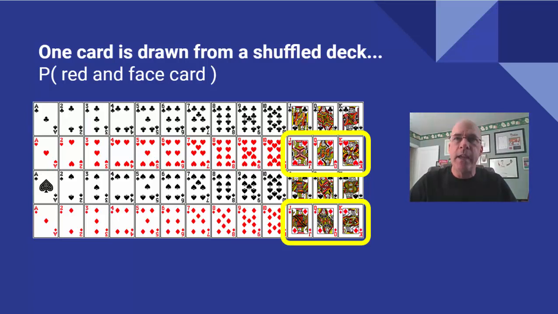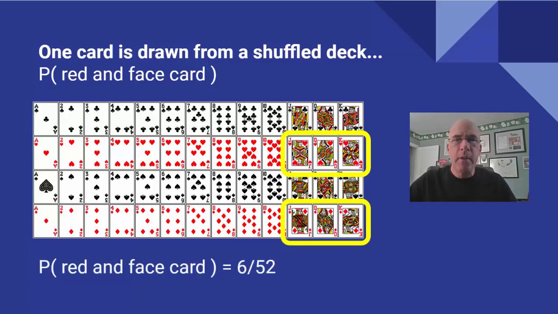It doesn't qualify as both things. I also haven't circled the king of clubs. The king of clubs, although it is a face card, it is not red. We only want to circle those things which satisfy both conditions. And then we can simply count the number of successes, the number of favorable outcomes in our sample space here. And there's 6 of them. The probability of red and face card is 6 over 52.